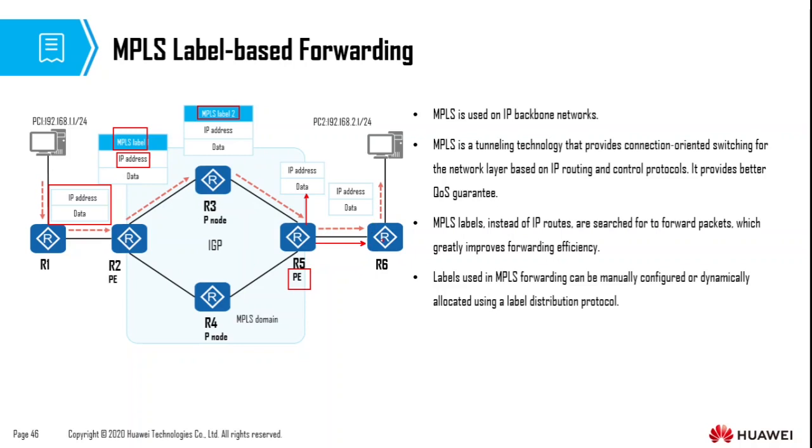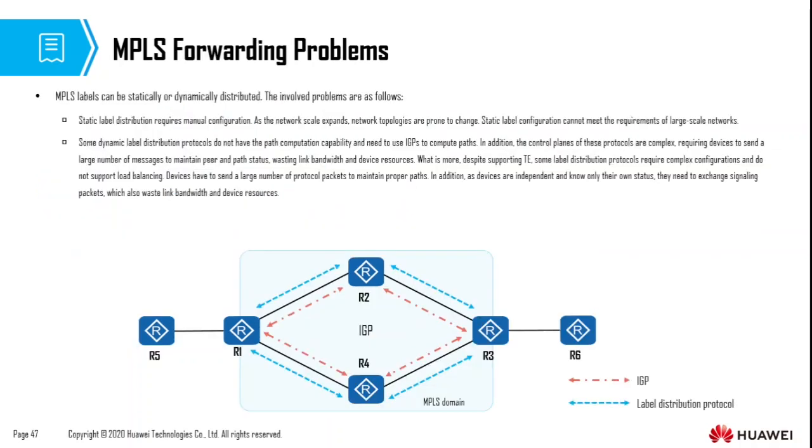And then when this one receives it, of course, it's going to forward it to the destination using the IP header. So that's how MPLS works within the ISP's network. We don't want to forward using IP addresses, we want to forward using labels, which improves the forwarding efficiency.